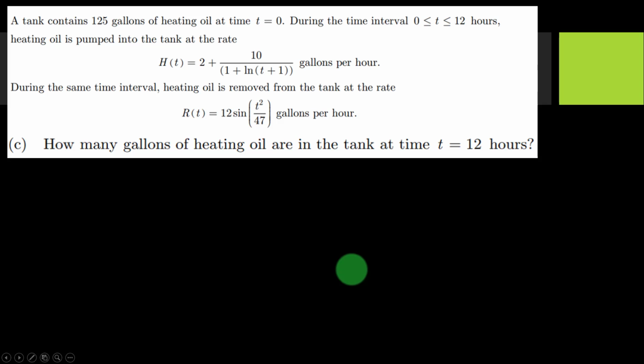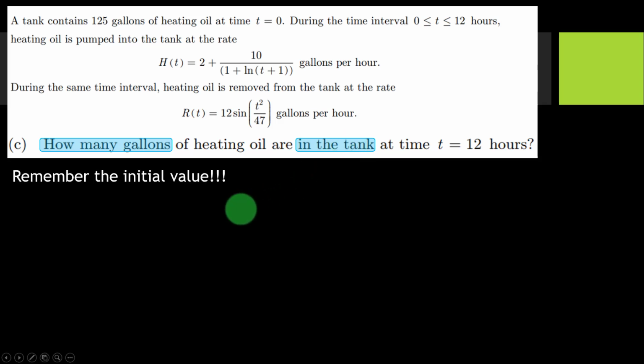Part C, how many gallons of heating oil are in the tank at time t equals 12 hours? All right, this is good. How many gallons are in the tank at time equals 12? So remember that the tank is the location, so that means we're going to integrate rate in minus rate out. And we need to remember the initial value.